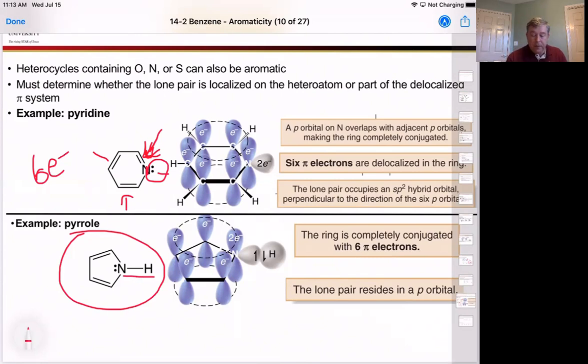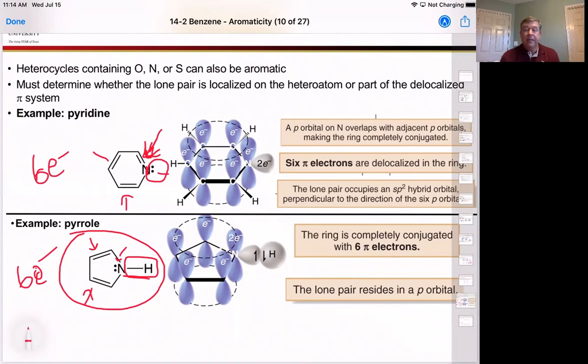And the bonded hydrogen here is in that sp2 hybridized orbital. So now we have 2 electrons in this p orbital, plus 2 electrons, plus 2 electrons. We have a total of 6 electrons available to us in our p orbital. It is planar, it is cyclic, and has a p orbital on every single atom. So it meets all the requirements for aromaticity.